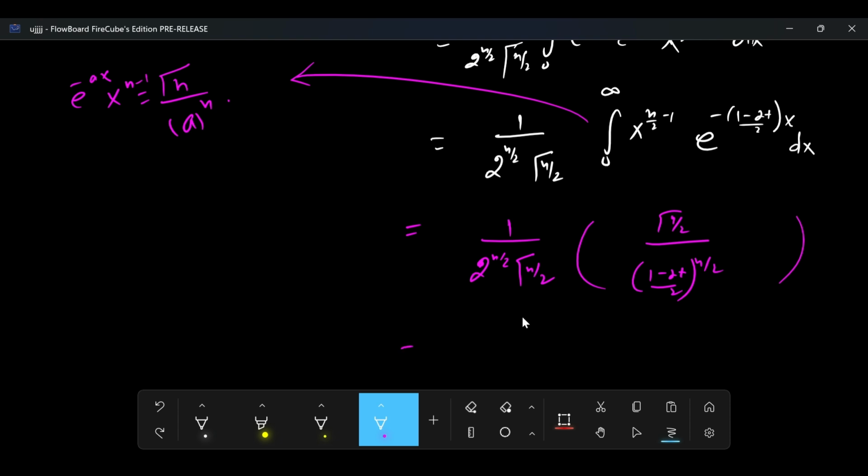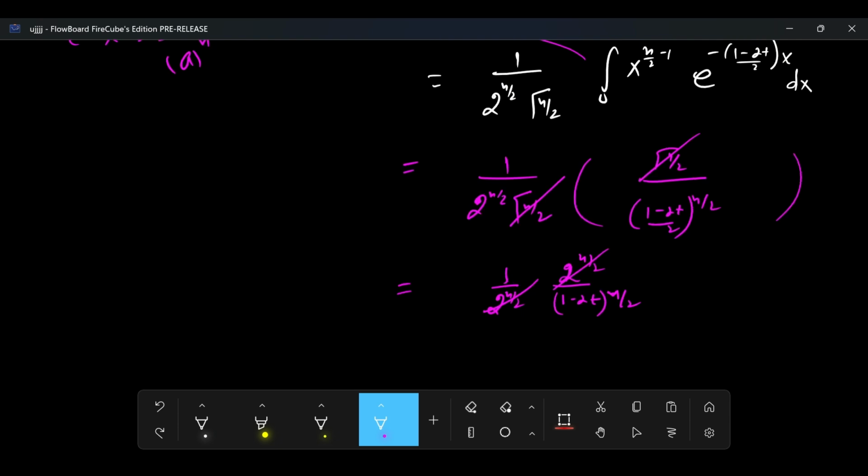Correct? So when you solve this, you will get simply this and this will cancel out, and we will be left with 1 upon 1 minus 2t to the power n by 2. So this and this will cancel each other.